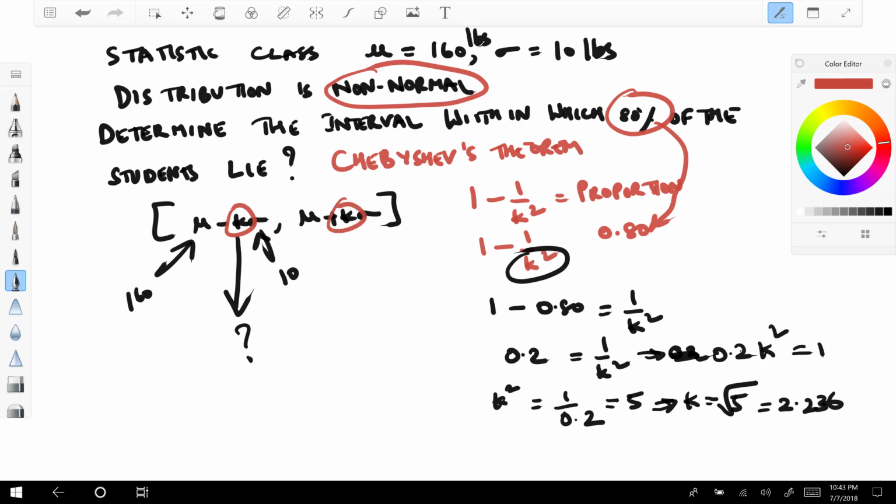So my interval would be 160 minus k, which is 2.236, times sigma, which is 10, that's given, and 160 plus 2.236 multiplied by 10. Here it's a minus, it's not plus.